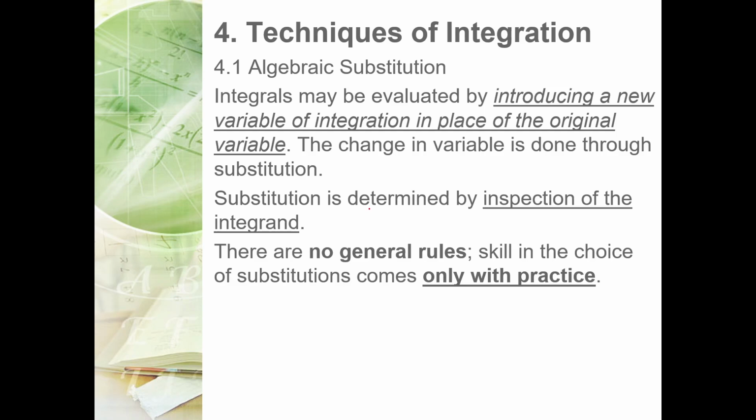If you read the description, most of this is the same as your U sub technique. We have to introduce a new variable of integration in place of the original. This is more like a description of your U sub, but what is lacking here is that you need to substitute the difficult term.